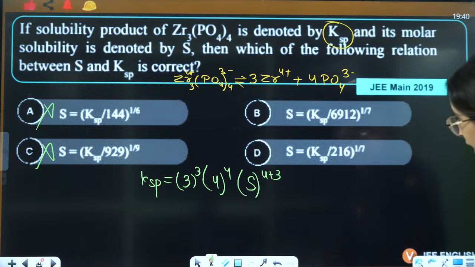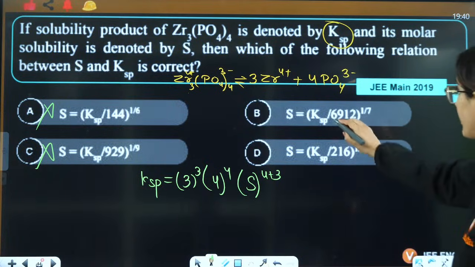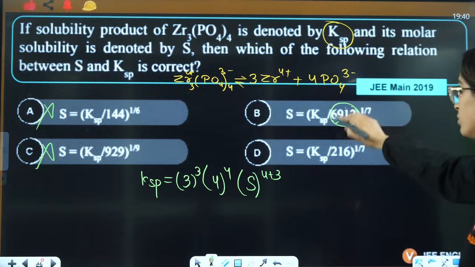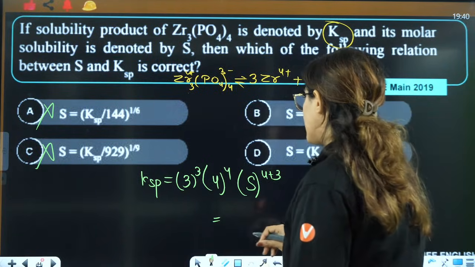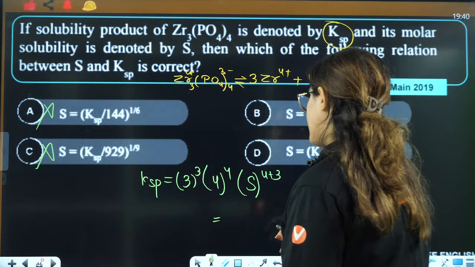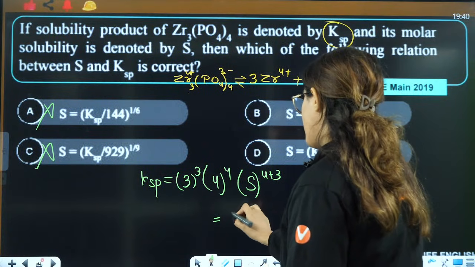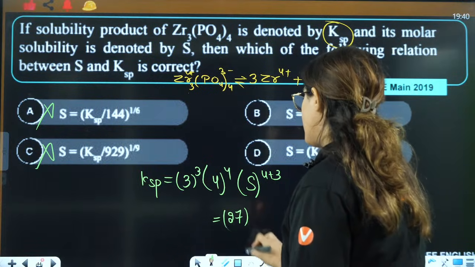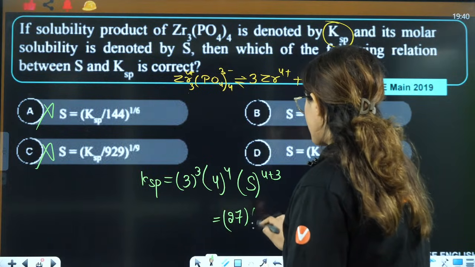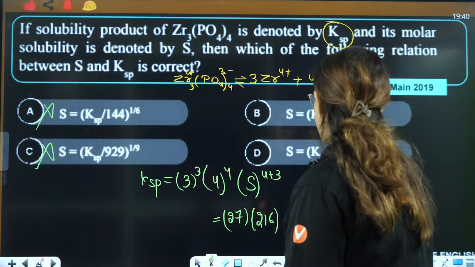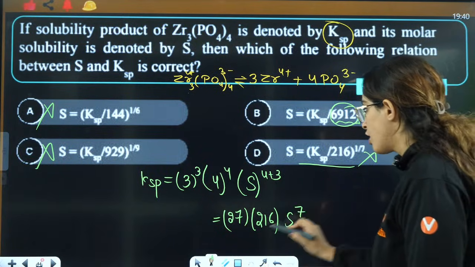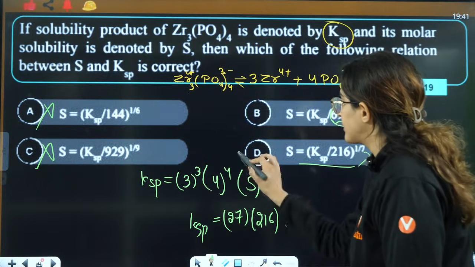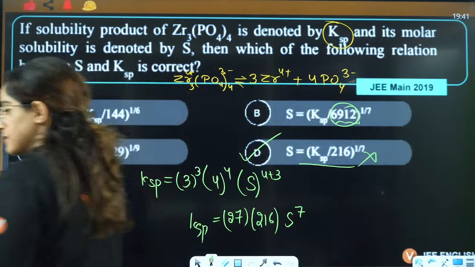You can also calculate the multiplication factor: 3 into 3 into 3 is 27, and 4 to the power 4 is 256. So definitely the other option will also not be correct. You don't even have to solve it, from this only you can say that D will be the correct answer here.